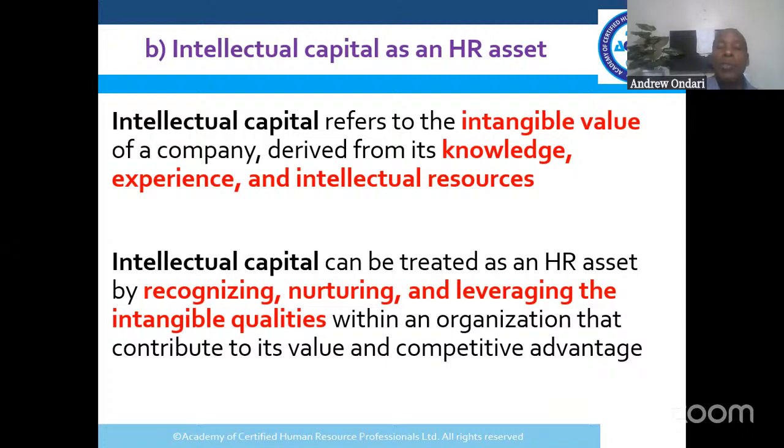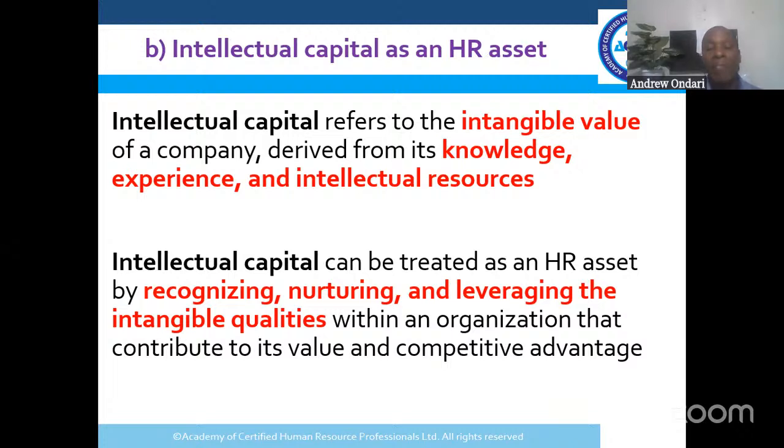How do we ensure that this intellectual capital adds value? It is by recognizing our employees, nurturing them through training, through succession planning, and creating a conducive environment, and then leveraging these intangible qualities.